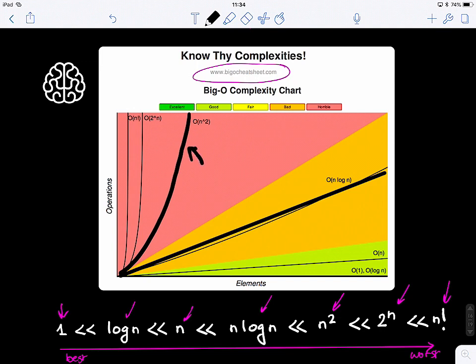This one, because it lies above it, right? And then this is even worse, and this is even worse, which is like the factorial one. And the one that is really quite good is in the order of log base 2 of n, okay? Logarithm of n. If you have algorithms that run in the order of log n, these are great algorithms because they run in almost constant time, okay?